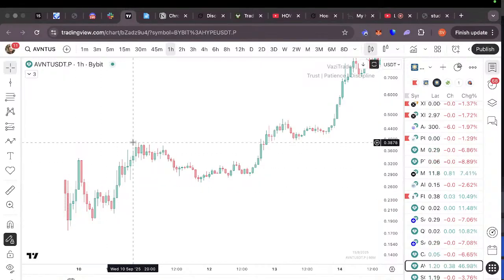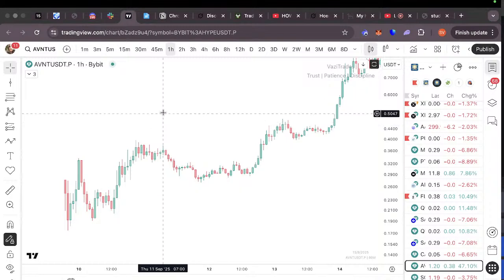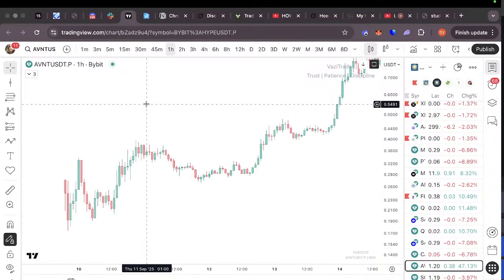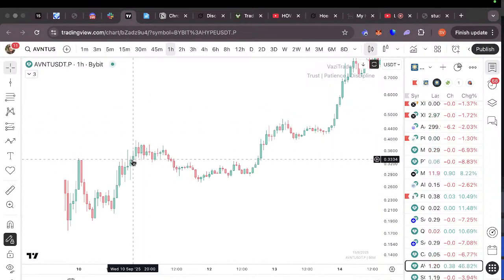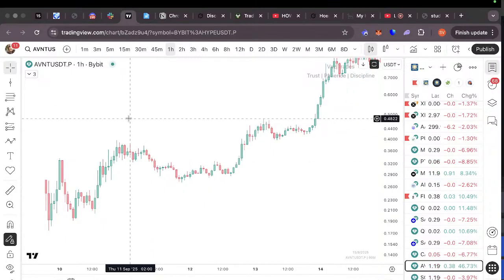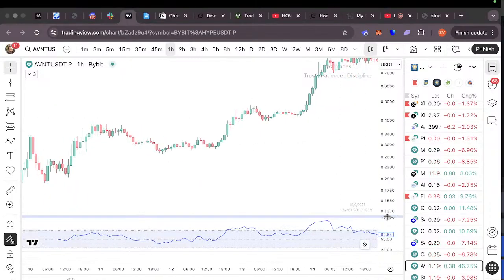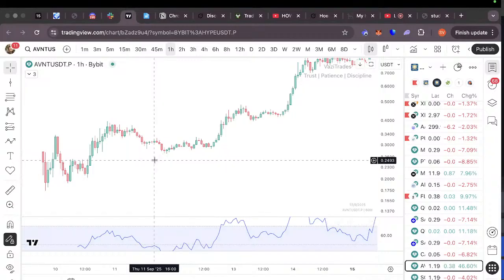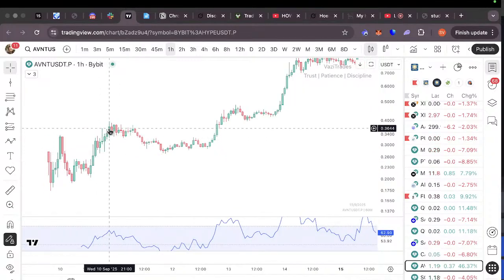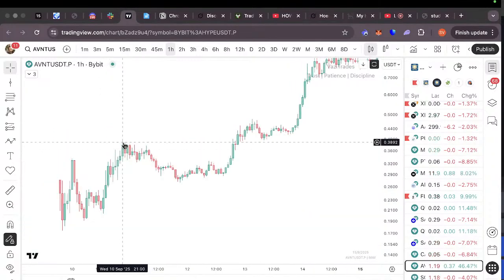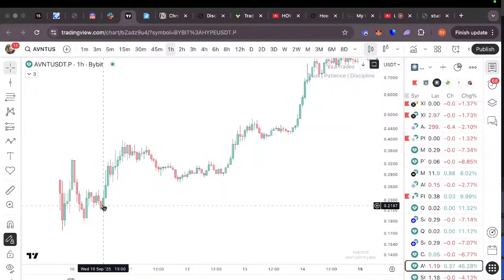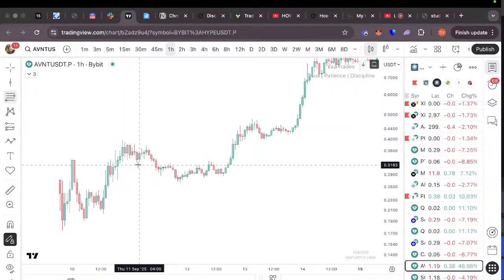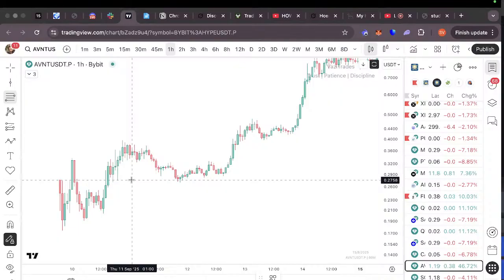Now I'm thinking the price pumped, but it's not giving any further bullish trend continuation. Okay, I'm looking for some possible bearish confirmations, or just trying to take a short, or let's say not shorting, but just looking for the bullish trend continuation.